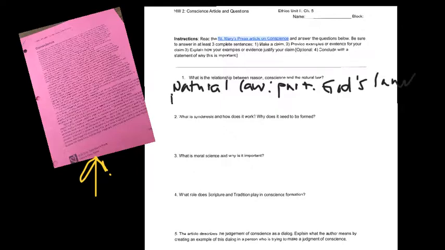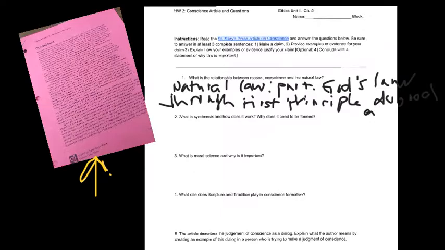The way conscience comes into play is that it applies the general principle, do good, avoid evil. That's the first principle, and it's a very vague statement, right? So conscience engages reason and helps us to apply this to specific situations.